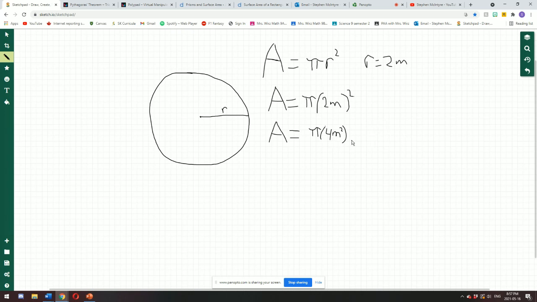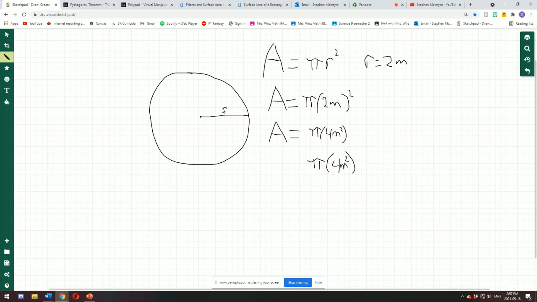So if we punch out a number and it gives us a unit that's squared, that means we're looking at area, so that's good. If we were to do this problem and we tripped up somewhere and we got pi times 4 meters, that would tell us that we did something wrong because it's not meters squared. We're looking for area when we solve this, so we need to make sure that we put the meters squared there.